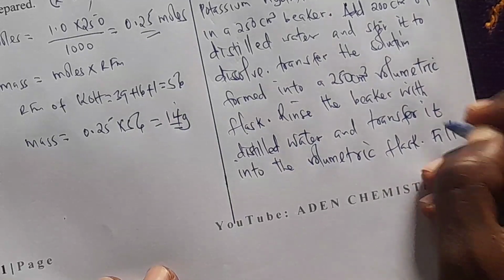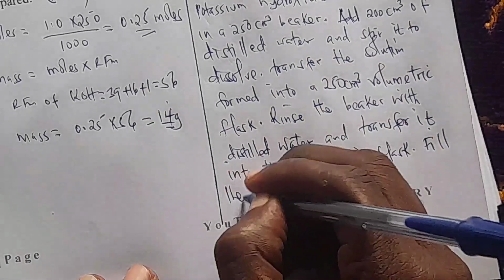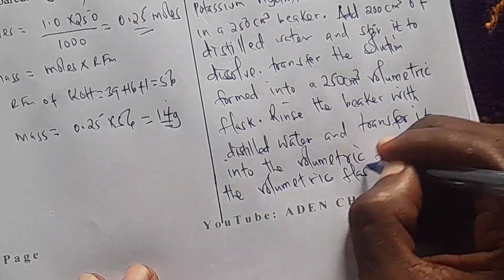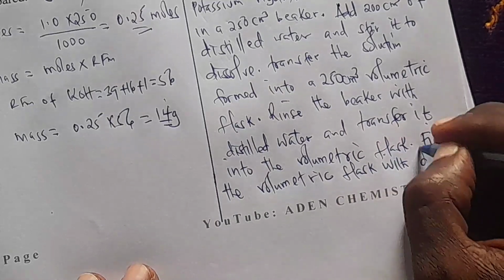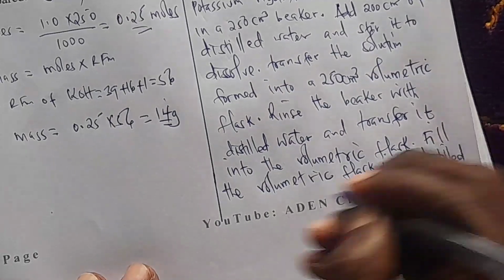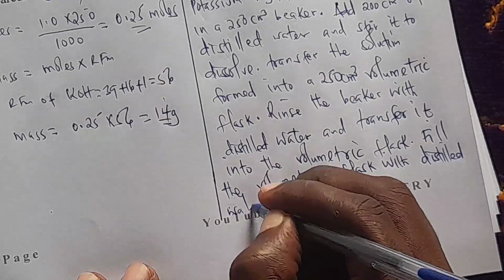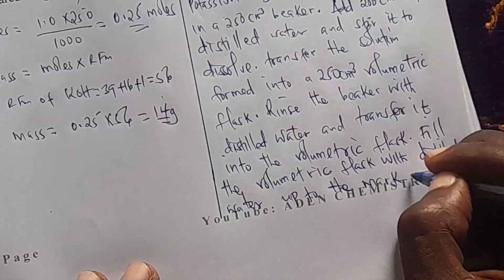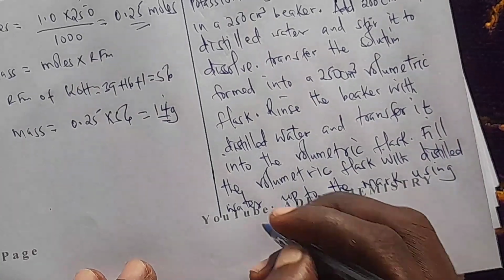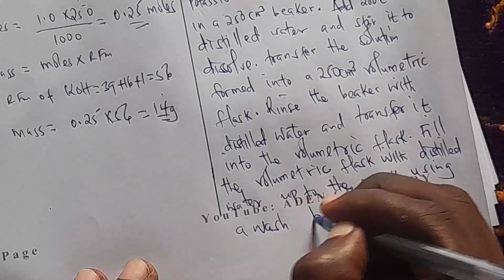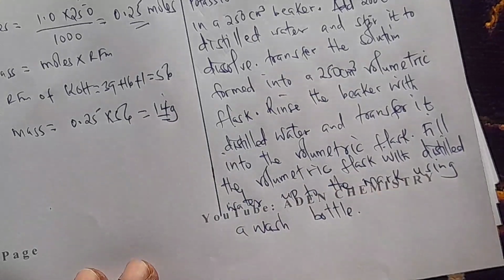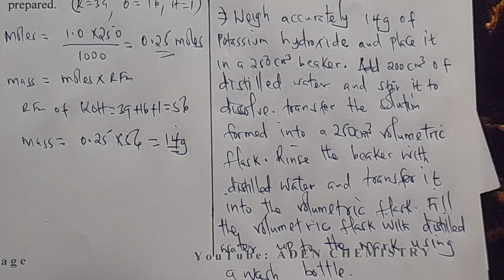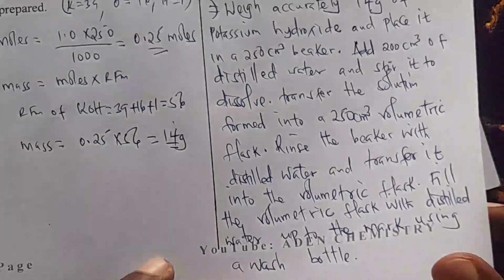So you say fill the volumetric flask with the distilled water up to the mark, using a wash bottle. Full stop. So that means you can have the initial procedure for question number 1, then you only change some small parts. Next, we are going to go to question number 3.